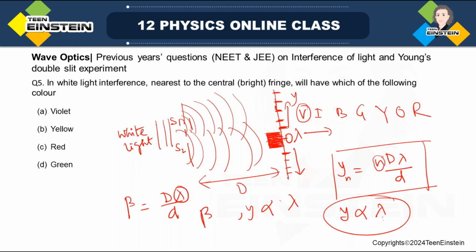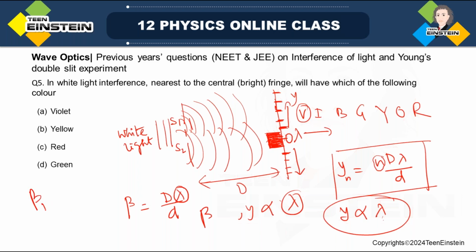The only thing changing is the wavelength. So if lambda is least, then beta will be least, so the least fringe width will be for violet only.